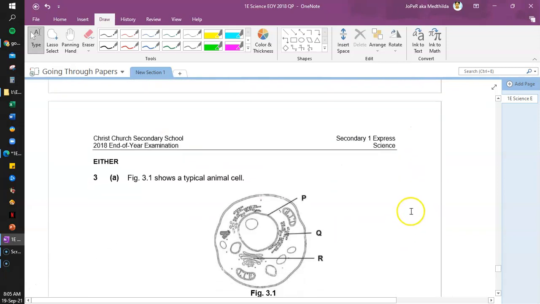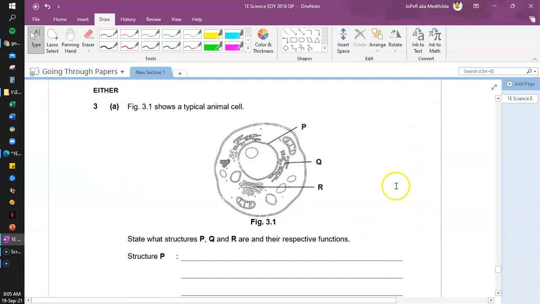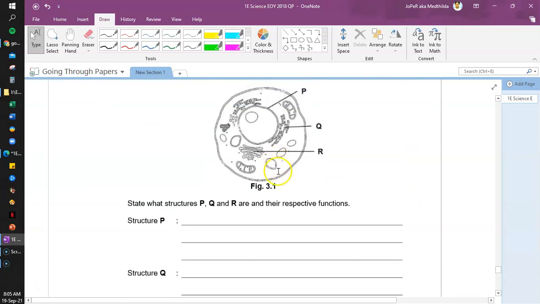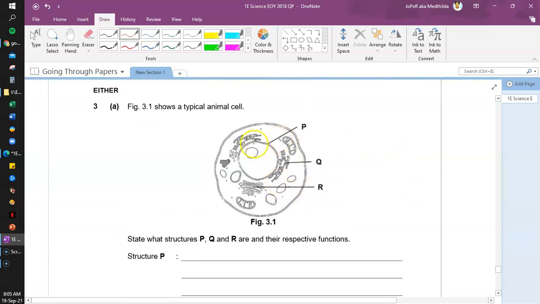Next, question 3. What are the structures labeled here? P is this structure over here, but it's not the nuclear envelope. If you say nuclear envelope, you realize we didn't tell you the function of the nuclear envelope. Hence P is not pointing to the nuclear envelope, but really to the whole structure, which is the nucleus.